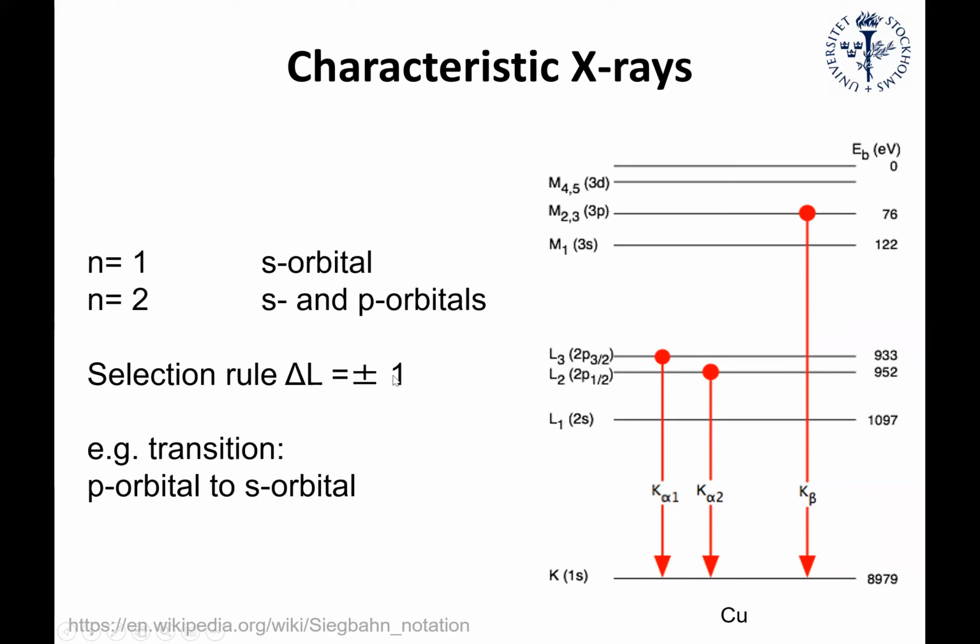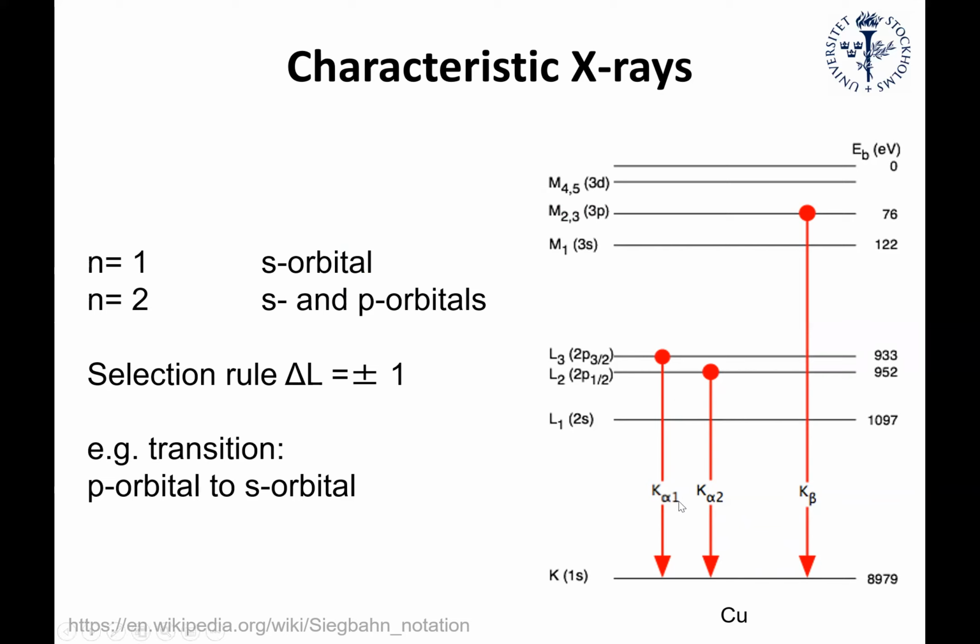Higher energy electrons in s orbitals, say from the 2s or 3s orbitals, are forbidden from going into the 1s orbital. You need a difference in quantum number of 1. So typically you have p electrons relaxing and filling that vacancy in the 1s orbital. That's why you have a limited number of characteristic X-rays.